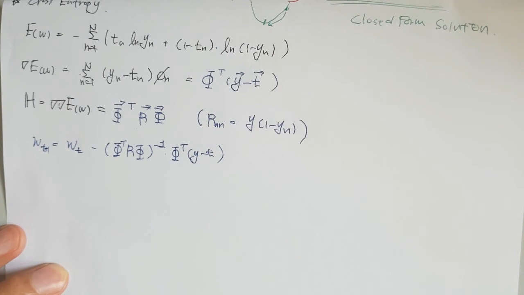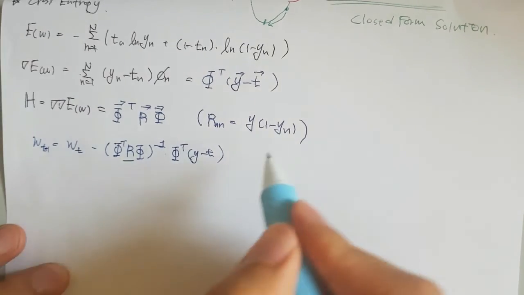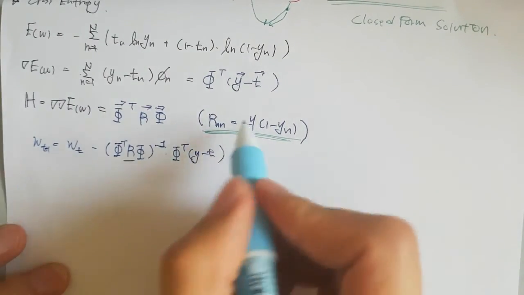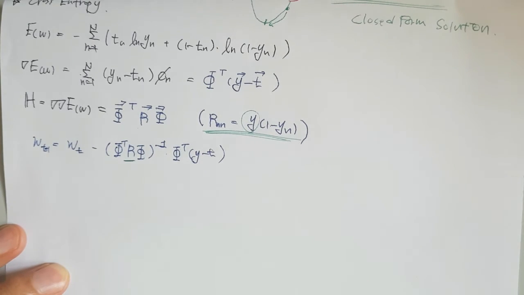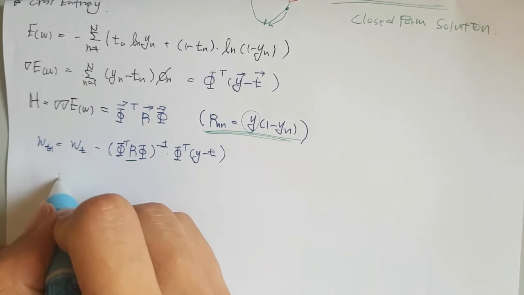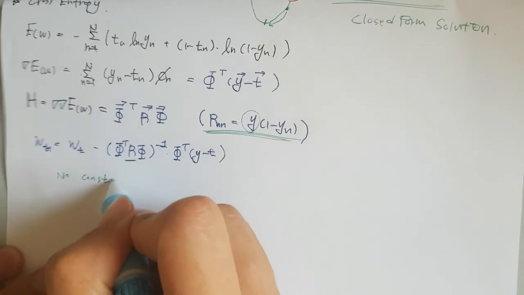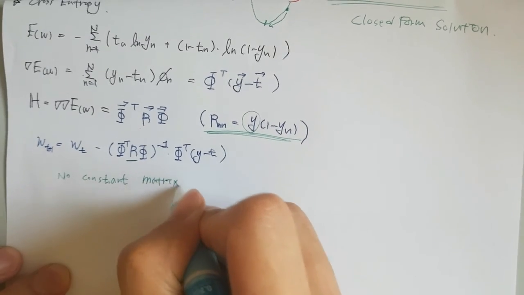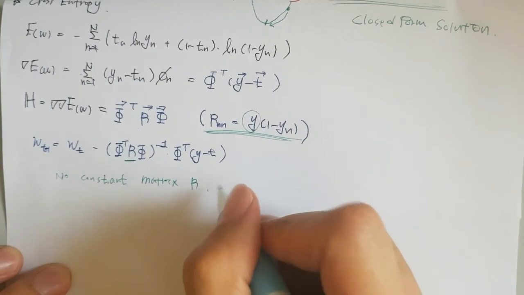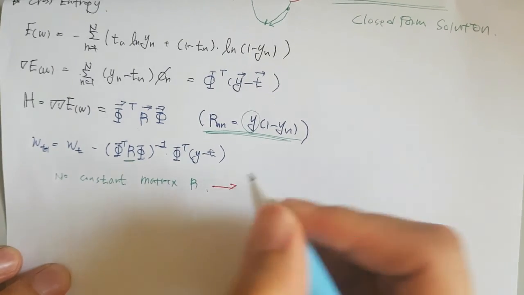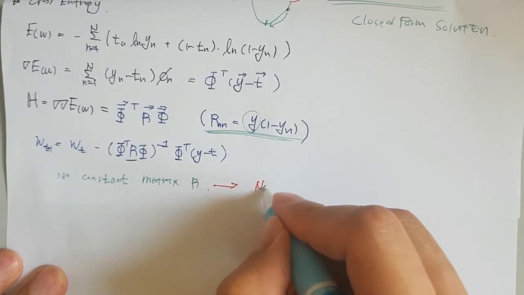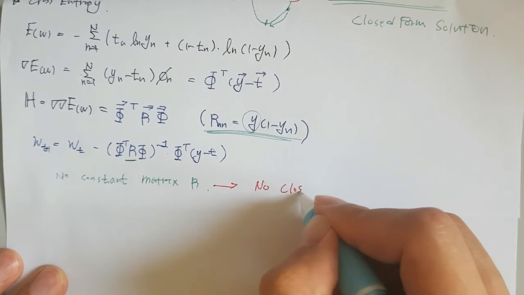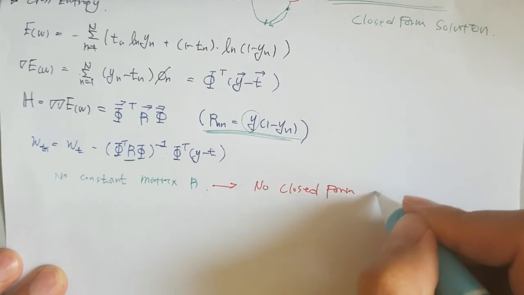Here's the problem: this R already contains the value of y, so it is affected by our prediction. Therefore, we don't have a constant weighting matrix.